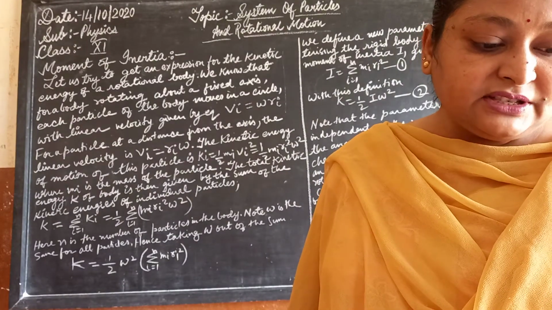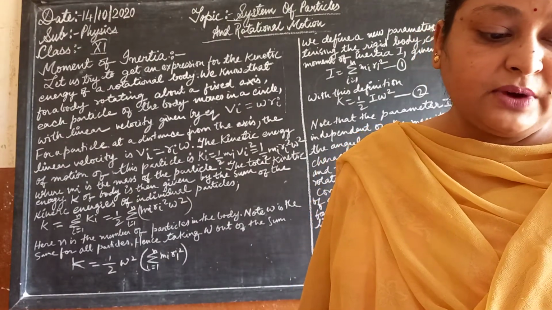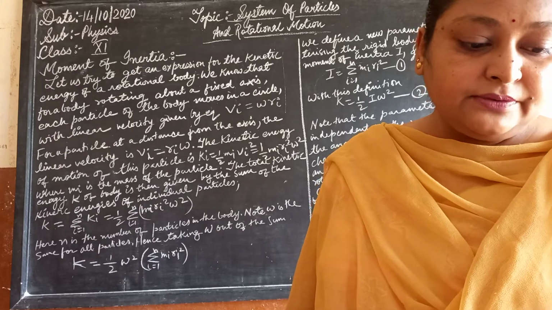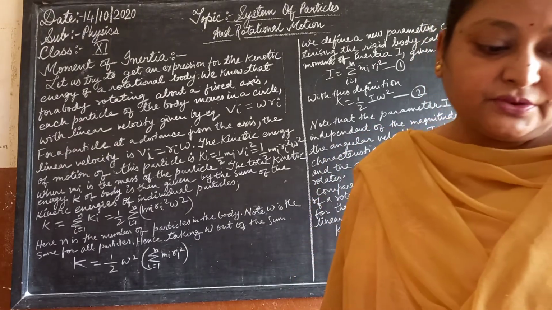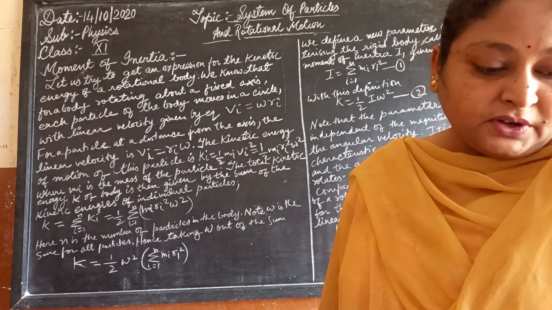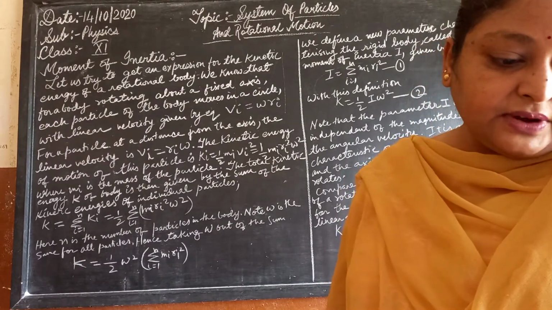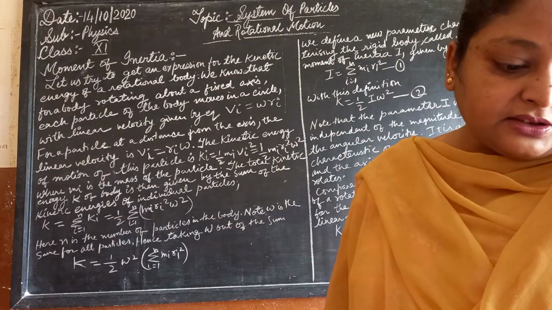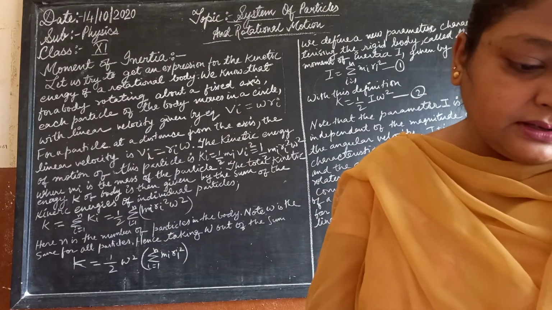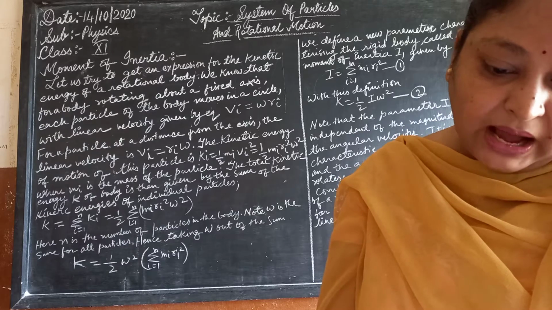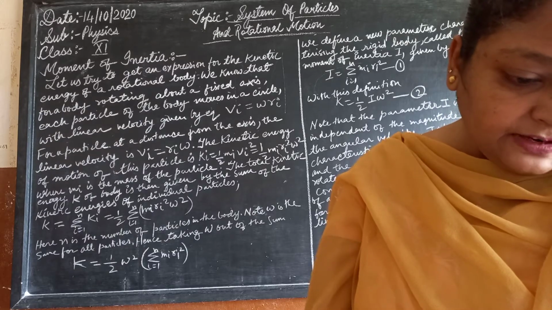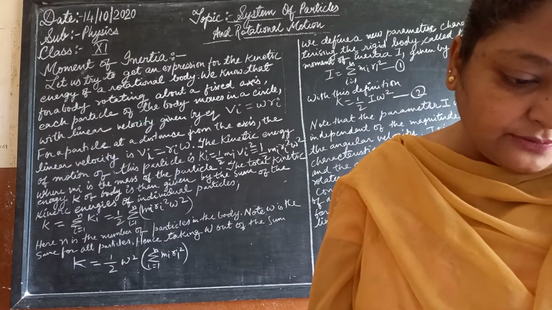The kinetic energy is given by k equal to 1 by 2 m v square, where v square is equal to r square omega square, so it becomes 1 by 2 m r square omega square. Comparing with k equal to 1 by 2 I omega square, we get I equal to m r square for the ring.